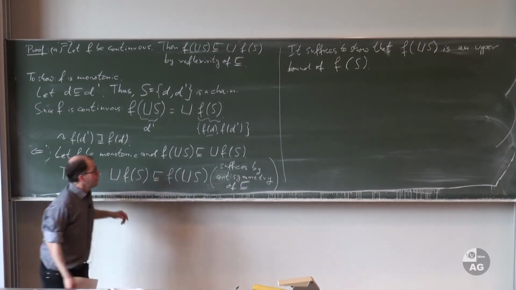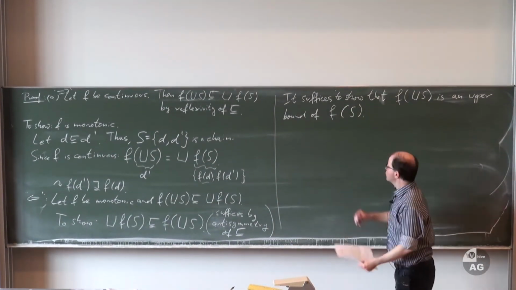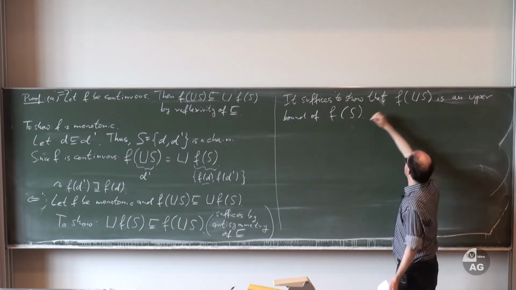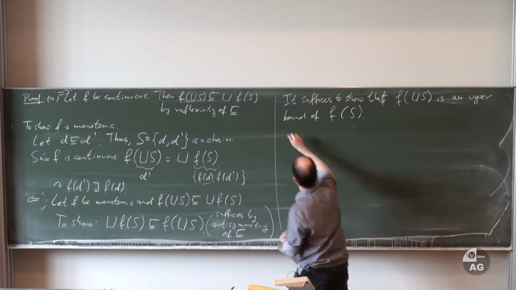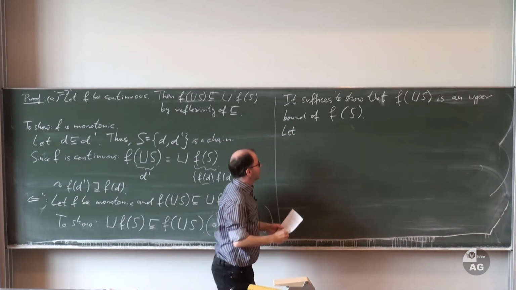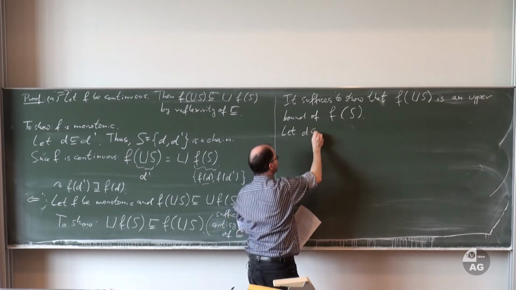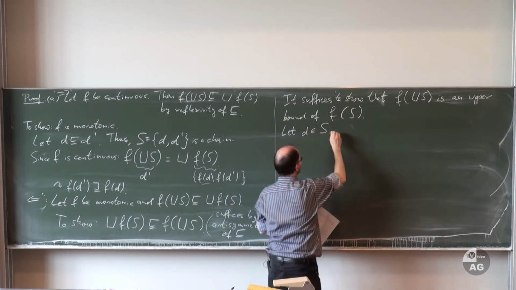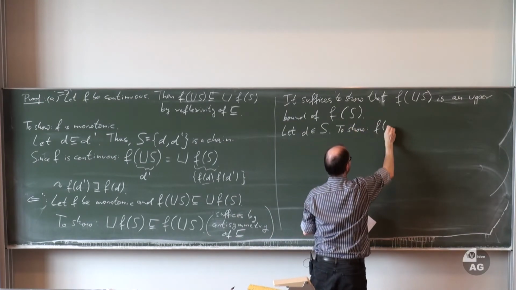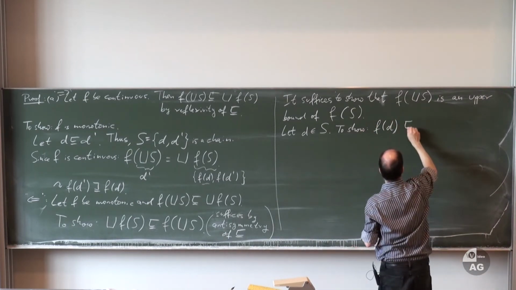So let's show this. If we want to show that this is an upper bound, we can take an arbitrary element from here and show that this is smaller or equal to this. So an arbitrary element in here means that we take some element from S and apply f to it. So let d be some element in S, and we have to show that f of d is smaller than this or equal.